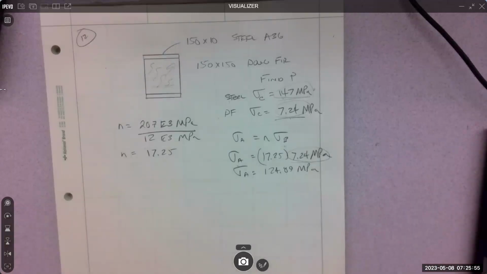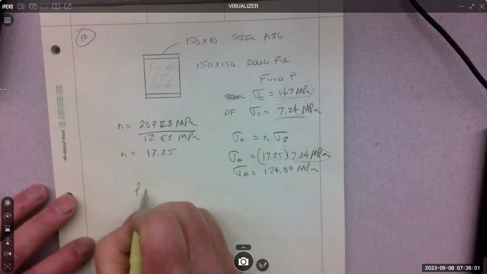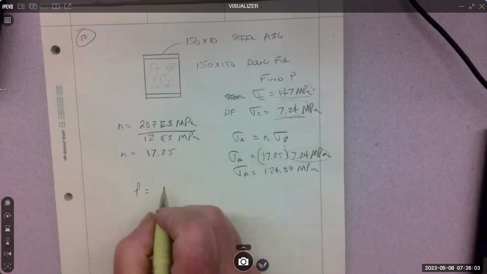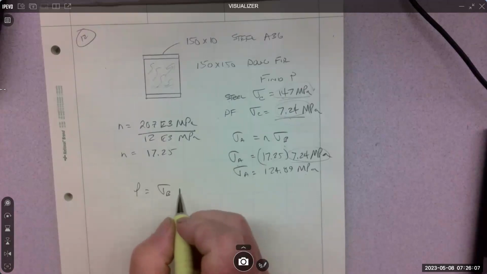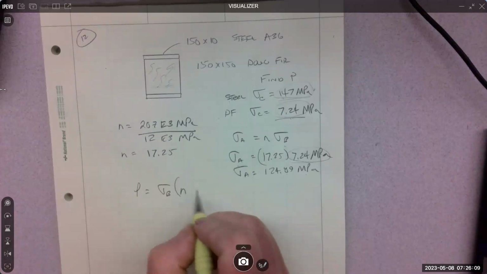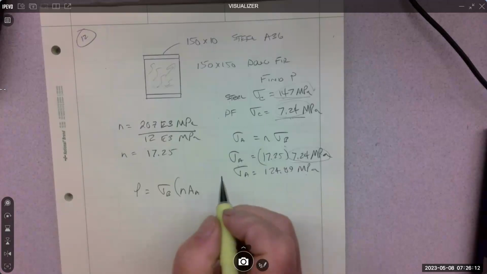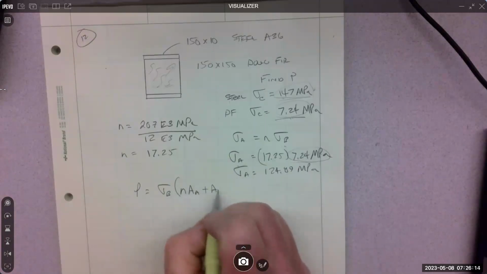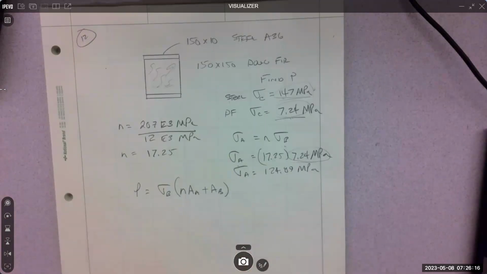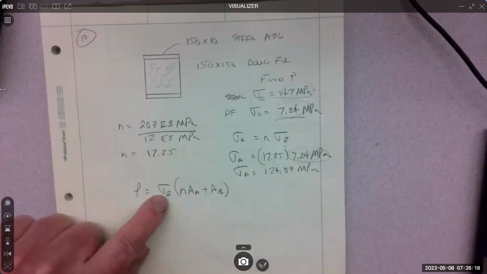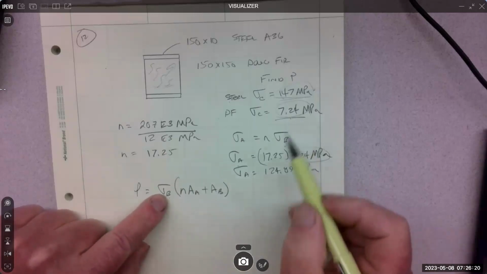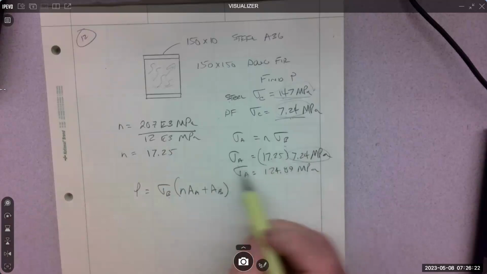So that means we can use our straight up equation, just like we've been doing, to calculate it. P is going to equal the stress in B, times modular ratio, times area of A plus area of B. And this is the control, so I don't need to calculate a new stress from this relationship.